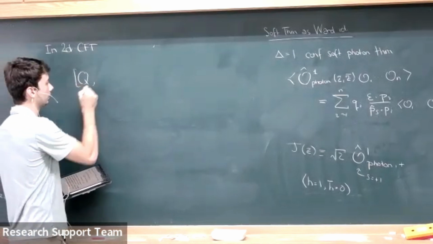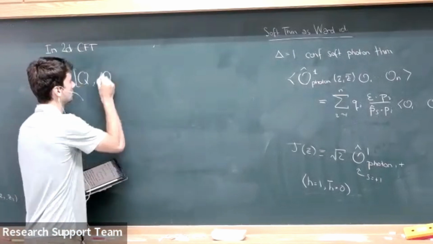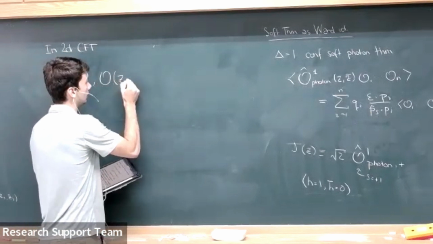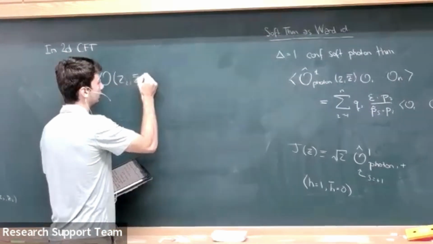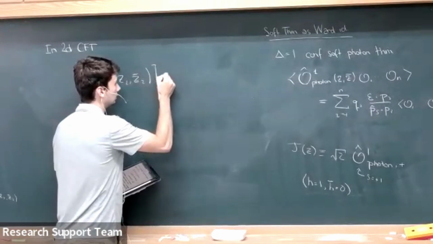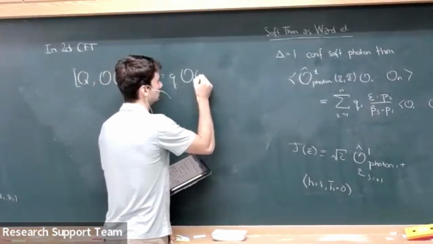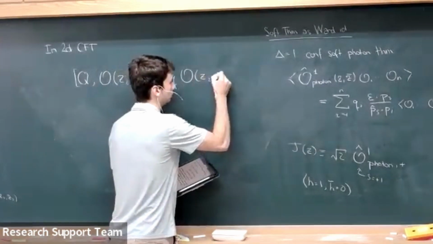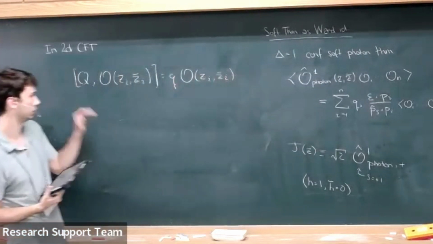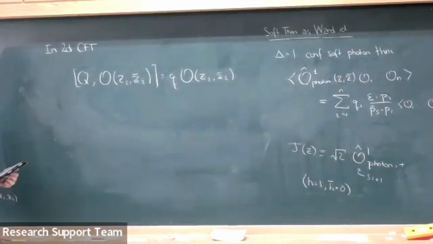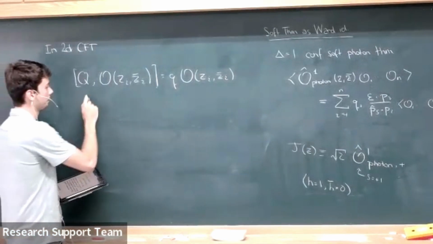If you have an operator in the CFT which has charge, it enjoys the following commutator with this U1 charge operator. This is just little q, the charge of the operator, times the operator. So this is what it means for a CFT to have some U1 charge.